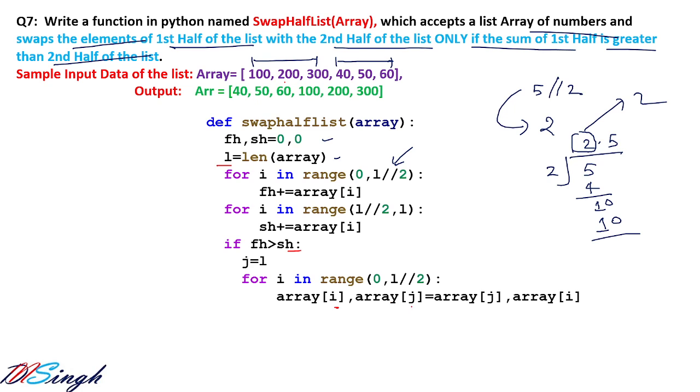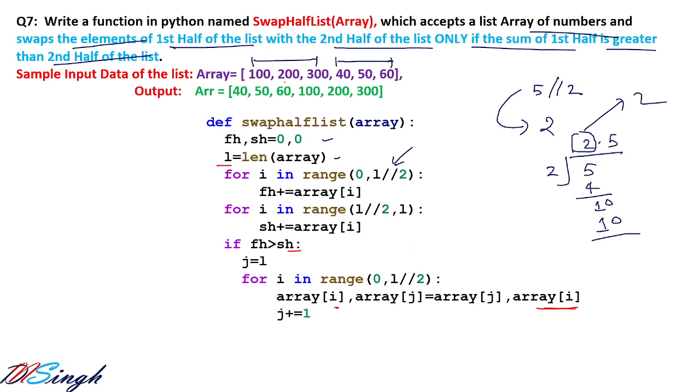At the last index is stored the first index value. Next, ARR of j will be stored with ARR of i, and ARR of i stored with ARR of j. So the last element will go to the first, and the first element will go to the last.